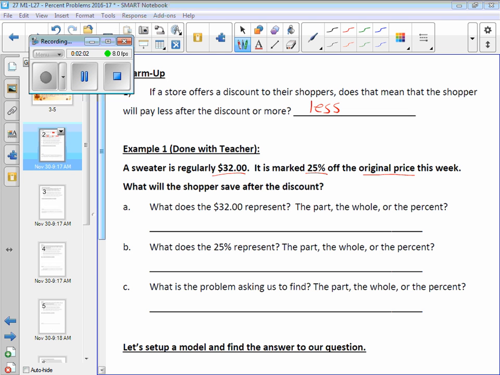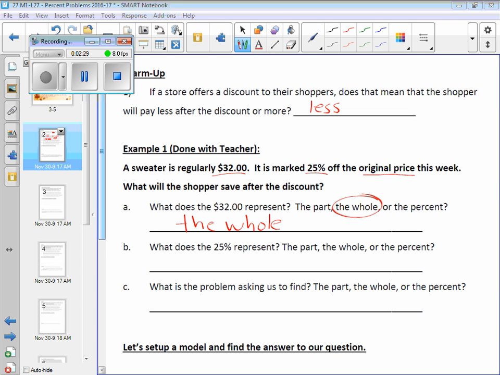And you just got to always remember the idea is that a part plus a part is going to equal a whole. So if we now break this down, the $32 represents, as Riley already stated, the whole. You can circle it if you want. You don't have to write it. You can if you want. What about 25%? Is that the part or the percent?